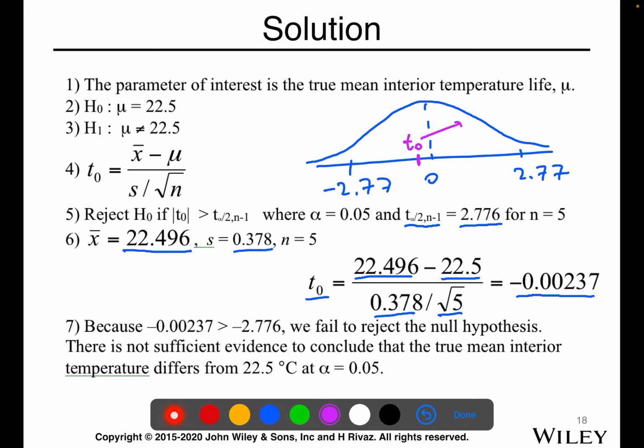Because of this, we fail to reject H0, right? t is very, very small, it's around 0. Any questions? Okay, I think the question wants the p-value as well.